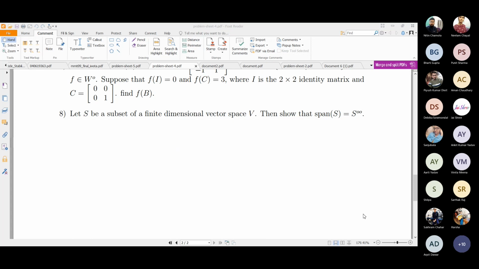So what is the suggestion? The suggestion is that students should try these problems themselves because the tutors may not be able to cover all the problems in the class. So you try out these problems at your end, and whatever doubt you have, you can discuss with the tutors.